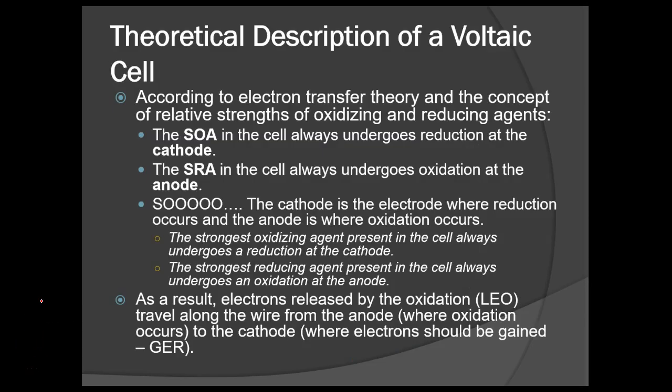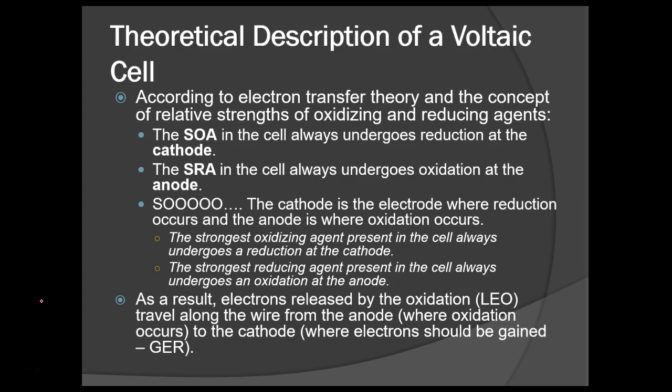So just to continue on with that point, just to summarize everything I've drawn in really bad writing on the last slide. According to electron transfer theory and the concept of relative strengths of oxidizing and reducing agents, we know that the strongest oxidizing agent in the cell undergoes reduction at the cathode, and the strongest reducing agent in the cell undergoes oxidation at the anode.